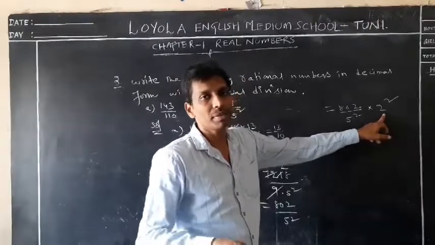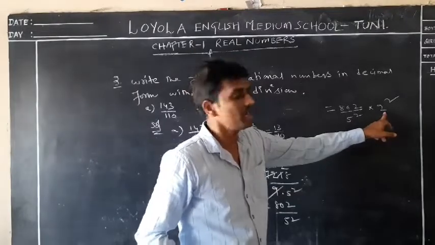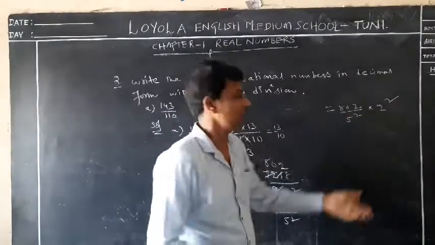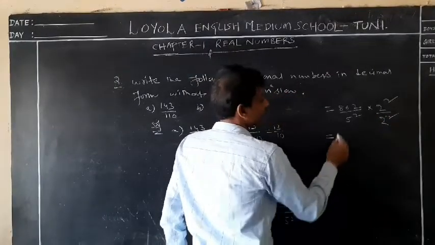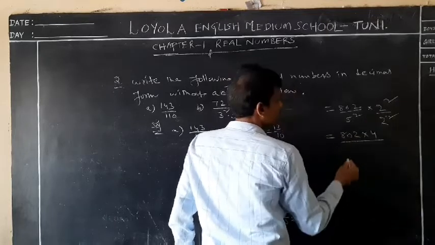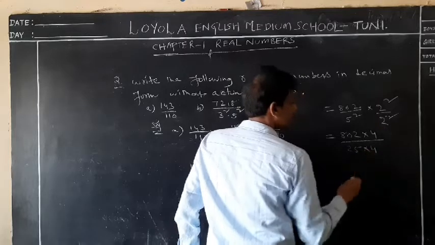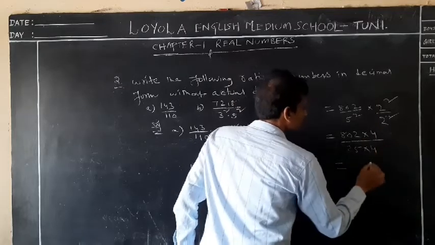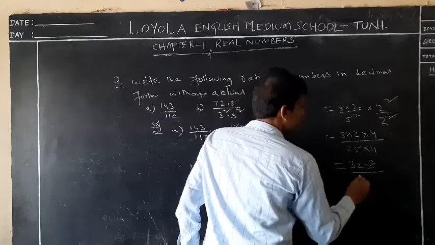So what should I multiply? 2 cube. Here 5 power 4 is there. What would I like to multiply here? 2 power 4. So multiply and divide with 2 square. What will happen? You see. 802 into 2 square means 4, by 5 square means 25, 2 square means 4. This is 3208 divided by 100.